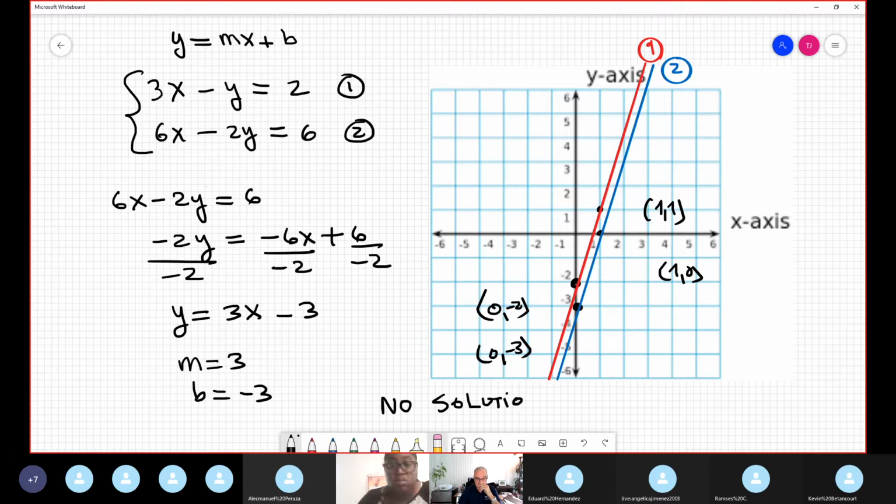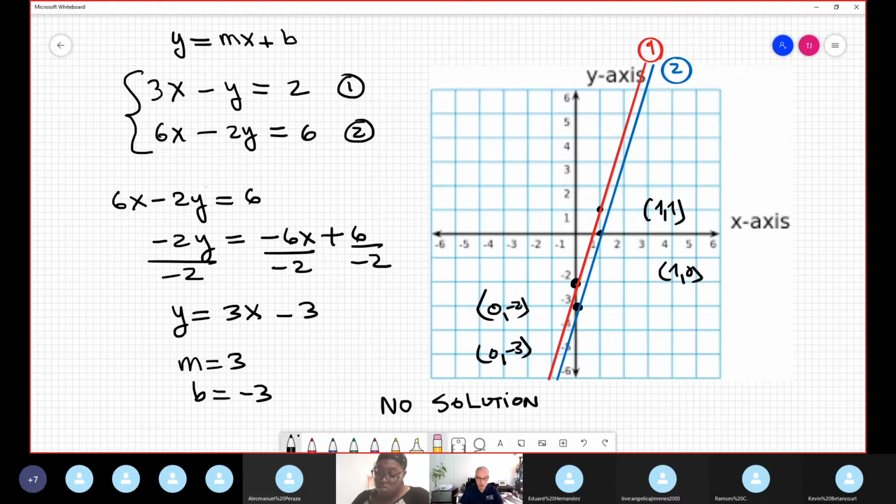Okay, so when you solve a system of equations, one possibility is that we have one solution. It's the most common case. 99.9% of the time it is a unique solution, but sometimes we have systems that have no solution.